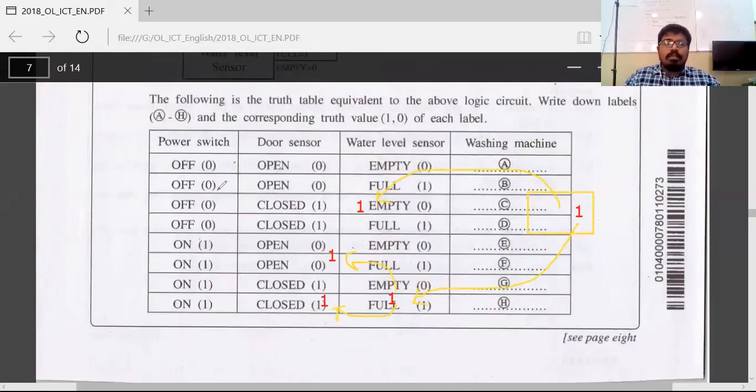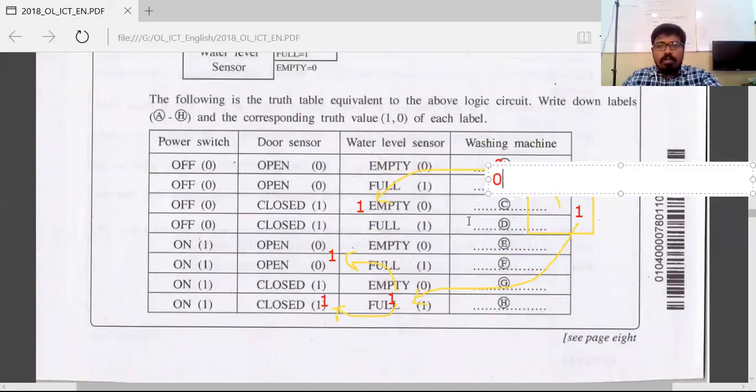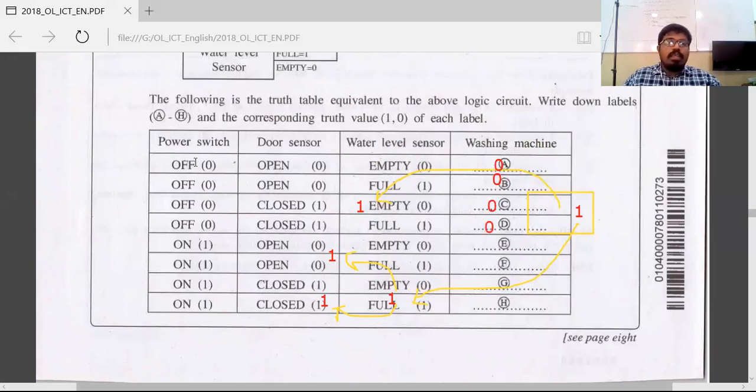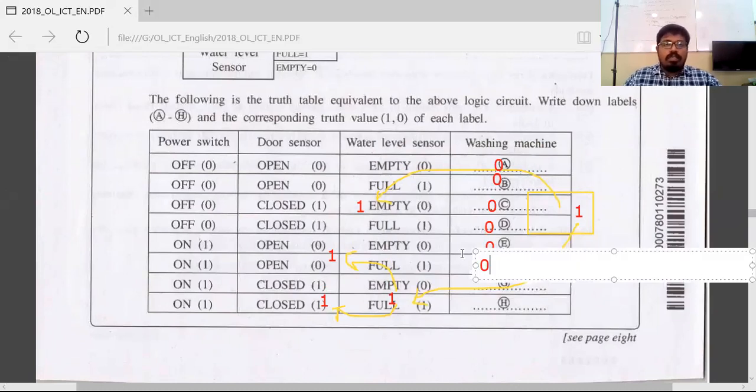So immediately I can say 0, 0, 0, 0. Why? Power is off. Power on, switch is closed. So door is closed. Here door is open, door is open. So 0, 0.